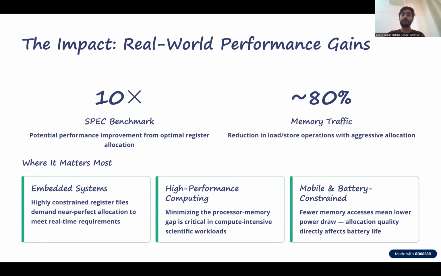In high performance computing, faster execution is important for scientific calculations. Gaming systems and real time applications benefit because every millisecond matters. So compiler optimization directly affects everyday technology.